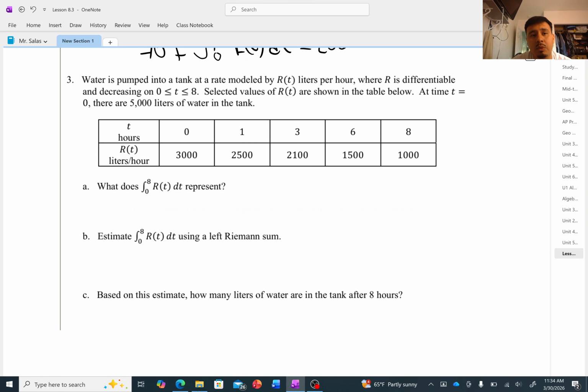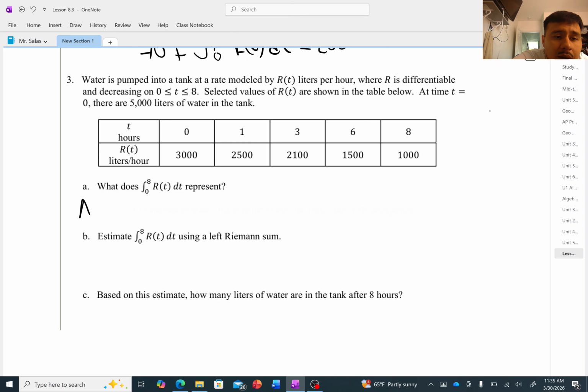So what are we talking about? We're talking about water being pumped into a tank at some rate, and the time 0 to 8 represents the hours, right? And it's decreasing. So that means the amount of water being pumped into the tank in an 8-hour period. We're not going to think too much about it. It's just what this represents in this context.